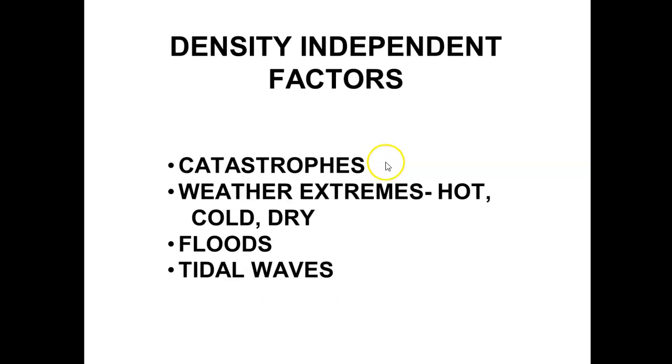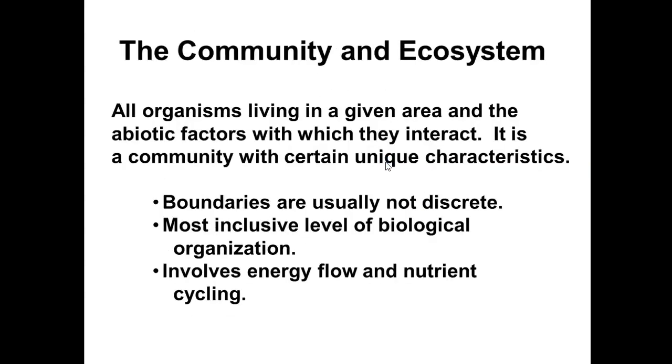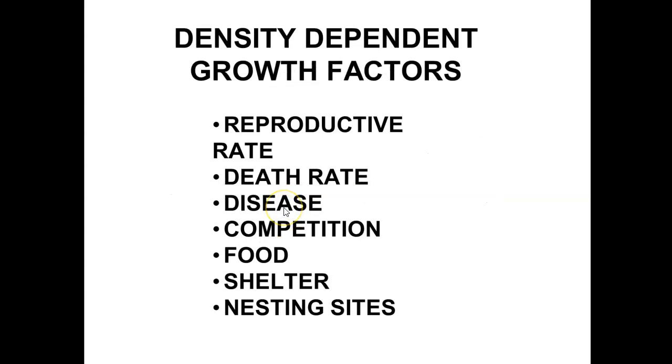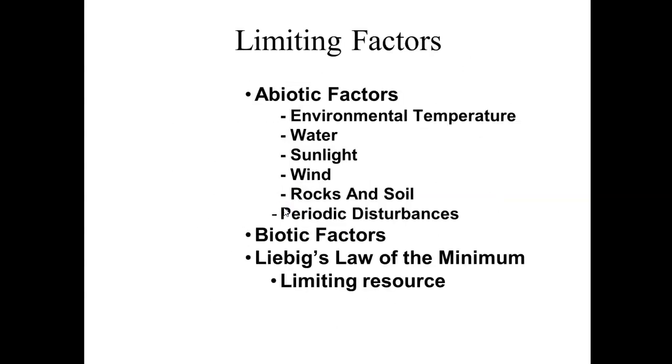And then if we want to move up a step and talk about the ecosystem, we're just going to go ahead and include the biotic factors as well as the abiotic factors, and that's what makes up an ecosystem. So an ecosystem is a community plus the abiotic factors that that community is dependent on and shaped by: amount of sunlight, amount of nutrients, temperature profile, everything.